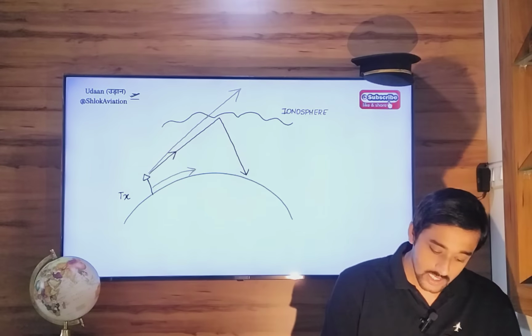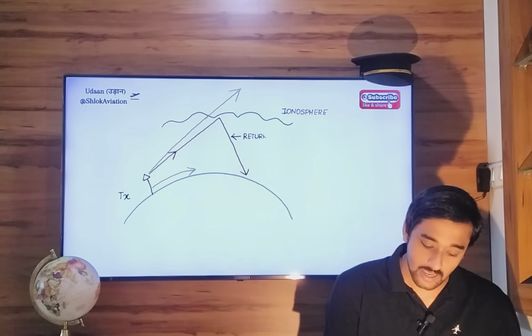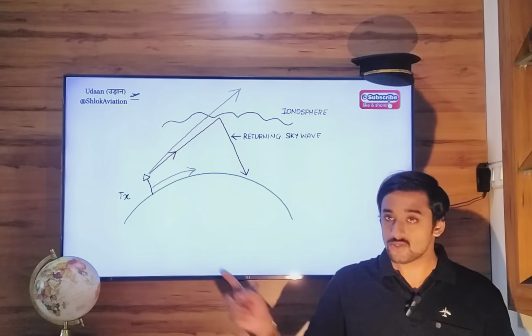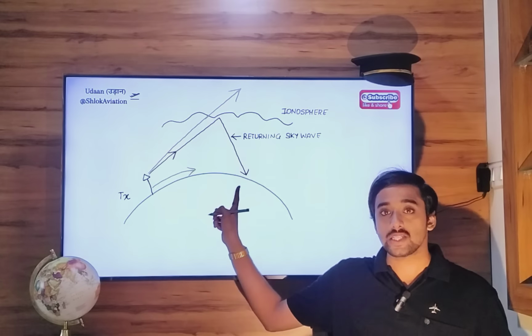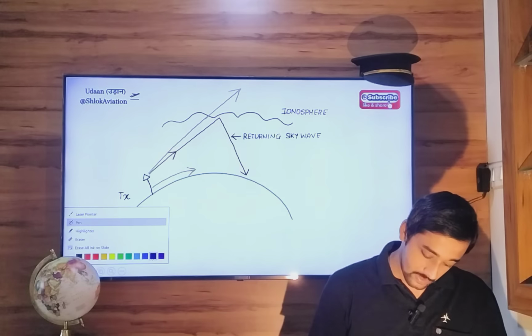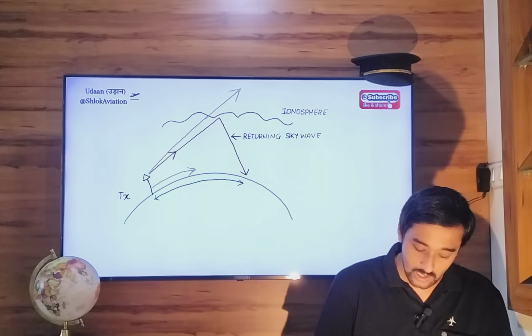I'm going to label this: this is the first returning sky wave. The distance from the transmitter to the place where the first sky wave is received successfully is called skip distance.